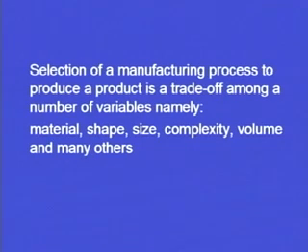Then coming on to the volume. Now, the volume of production is also very important. As we can see, in sand casting we have to make a mold, because it is an expendable mold type of casting. So, when we have to make the mold a number of times, the procedure will be time consuming and the lead times will be more. Whereas in permanent die casting operation, there is a permanent die, the metal is injected into that die in the molten stage and we get the final product.